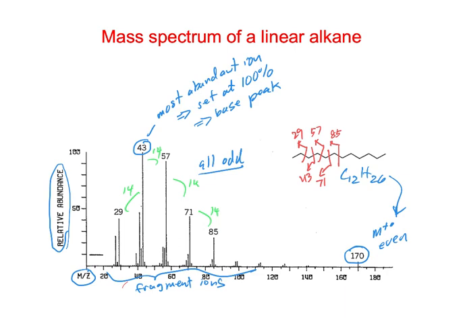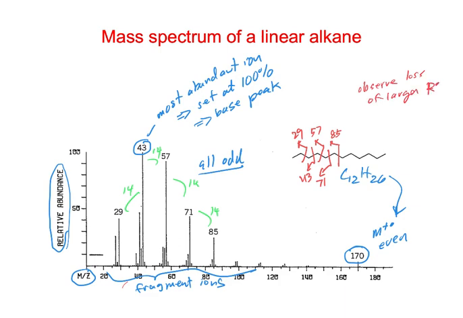Why don't we have any fragments from 85 to 170? Yeah, so I think the rule, and I'm not quite sure of the exact process here, is we usually observe the loss of the larger radical.